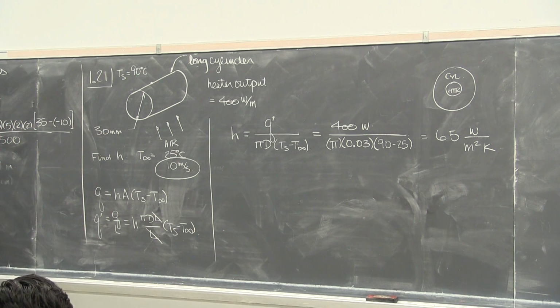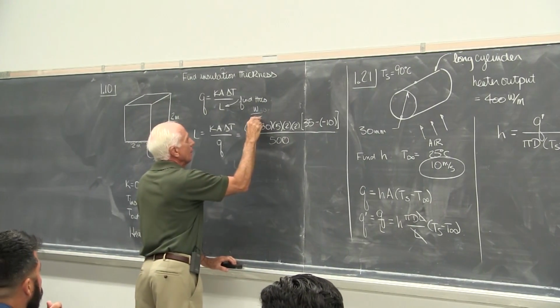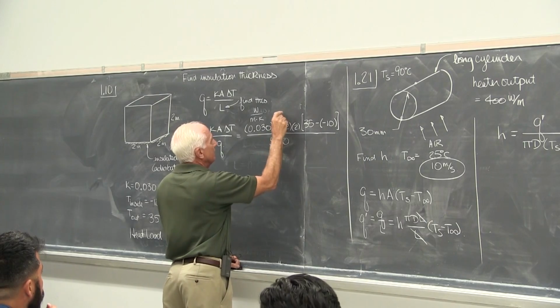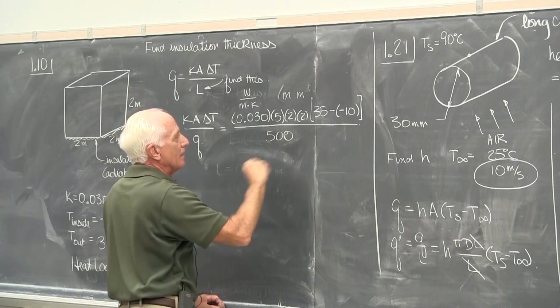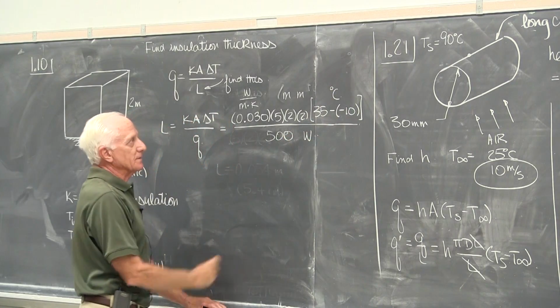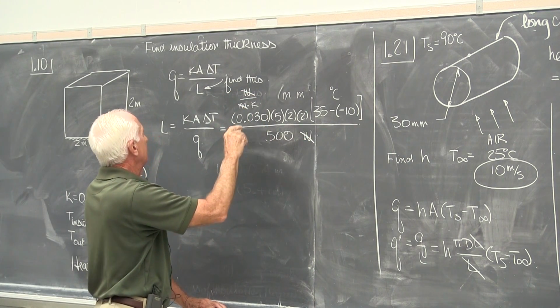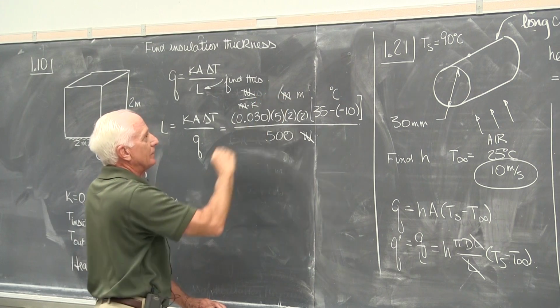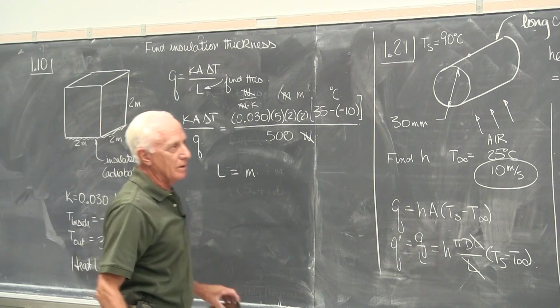Let's put the units in, because it's very important. h, watts per meter squared K. Area, meters times meters. Degree C, watts. Start canceling things out. Watts, meter, meter. Okay, I want L to be in meters.